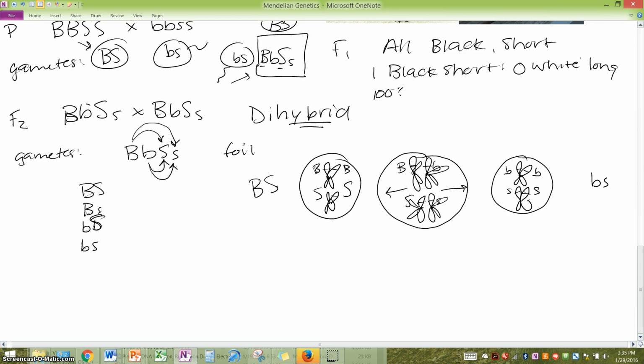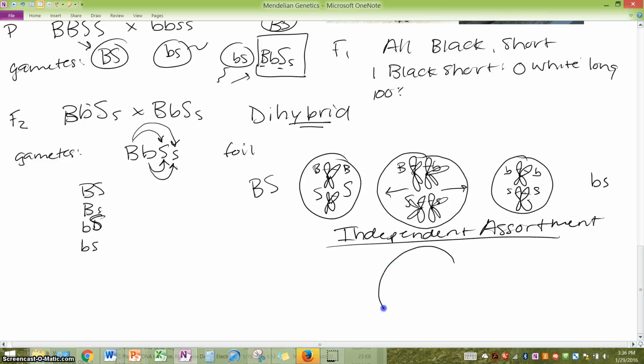But remember, independent assortment is going to matter. The independent assortment is how those chromosomes line up on the metaphase plate. I drew them one way, but they could possibly line up a little bit differently.